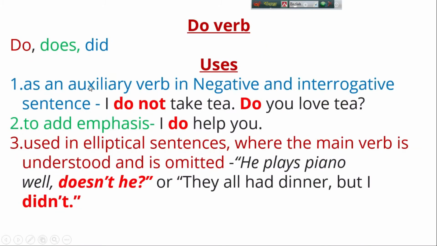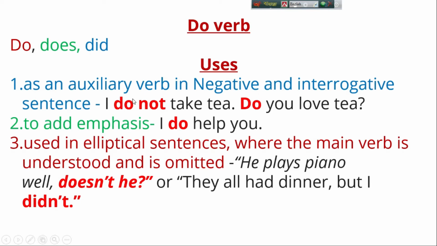Do verb. Do verbs are do, does, did. Do and does are the present form, and does is used with the third person singular number, and did is the past form. Uses of the do verbs: number one, do verb is used as an auxiliary verb in negative and interrogative sentences.